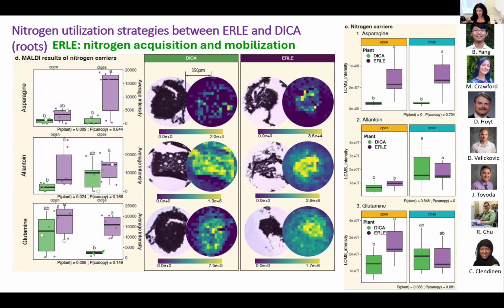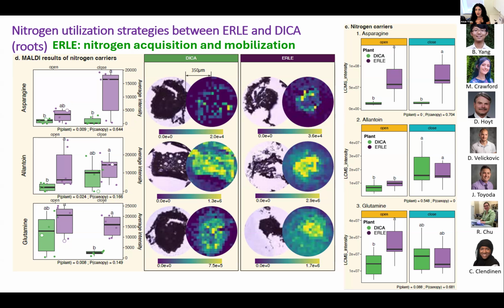With liquid chromatography mass spec, we have to extract the metabolites using an organic solvent. Whereas I know Dushan gave you a presentation, I think yesterday, about MALDI mass spec. It had a completely different sample prep. So it was great to see that we detected the same compounds with both approaches, and the abundance of these metabolites follows the same trend.